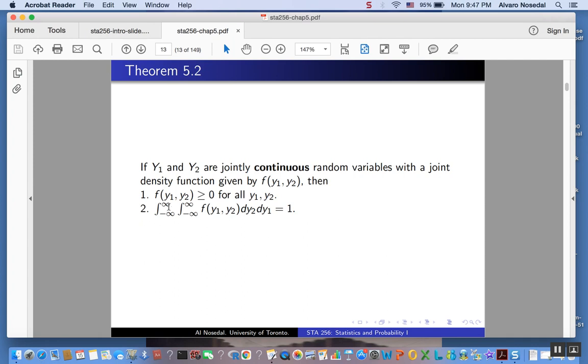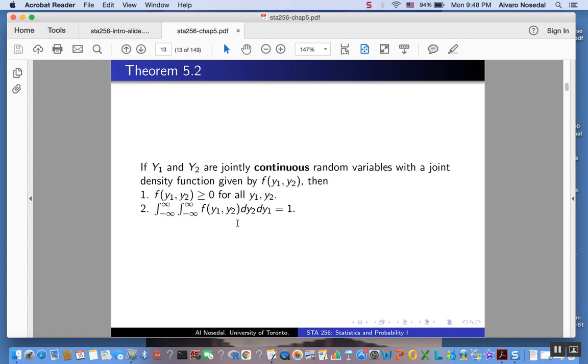Before we had a single integral for probability density functions, but the integral from negative infinity to infinity of the PDF had to be equal to 1. Well, now we have a double integral, and the double integral of the joint density function must be equal to 1. So what we're going to see here is that now, instead of having curves, density functions you could graphically express as a curve, we are going to have surfaces.